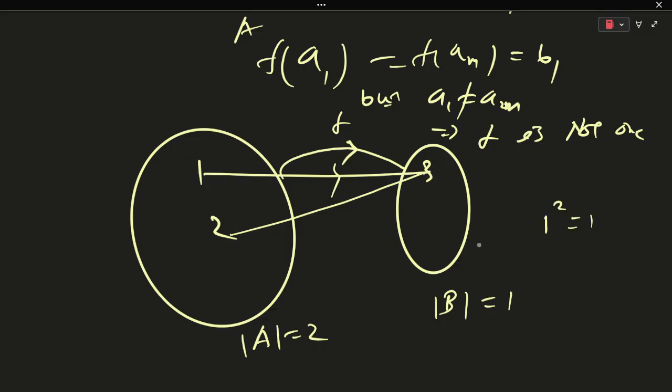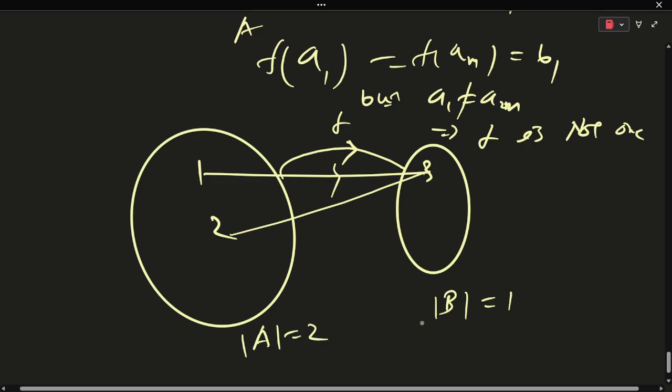But it is not one-one, so the number of one-one functions in this case is 0.